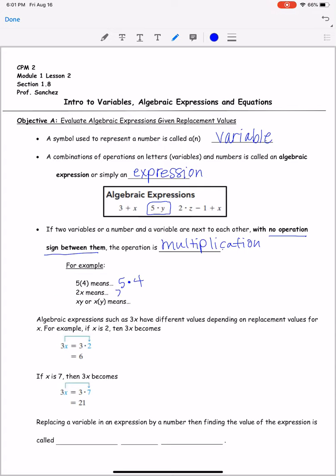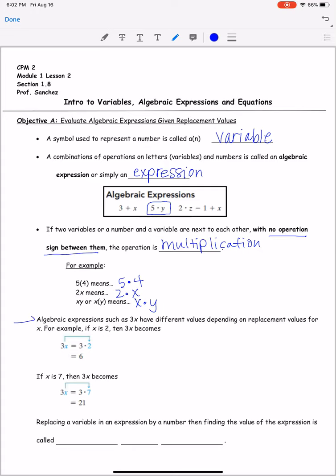That means 2 times x. And when I see xy or x in parentheses y, that is your two variables right next to each other. That does mean x times y. So from now on, if we see nothing in between, just two things right next to each other, that is known to be multiplication.